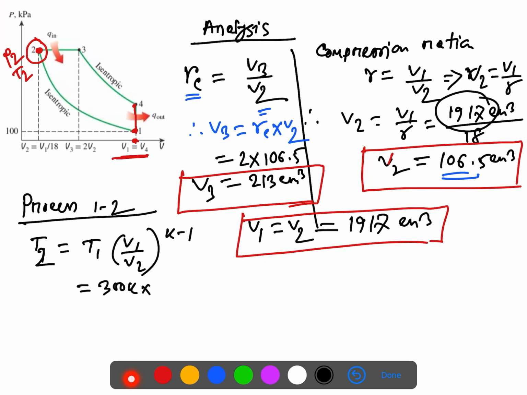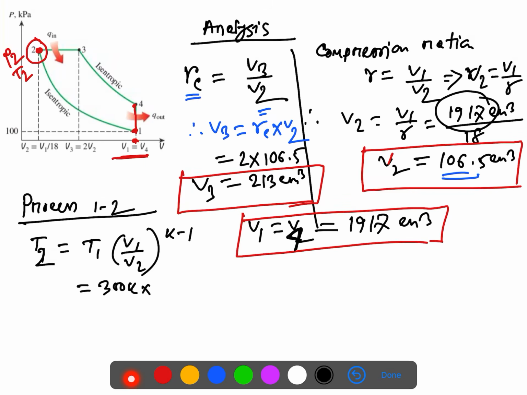Now V1 over V2: it is a constant value, so it should not be V1 over V2 but V4 over V2, and V4 and V1 are the same.